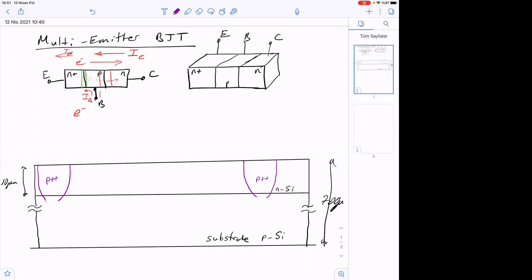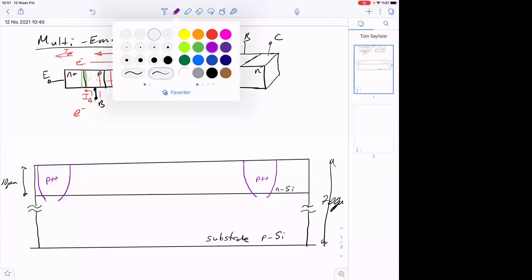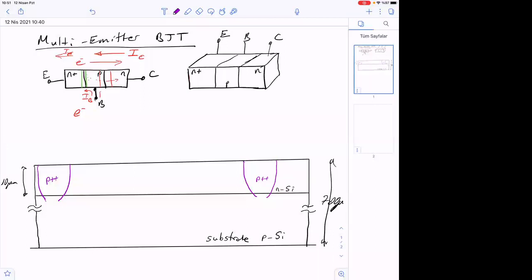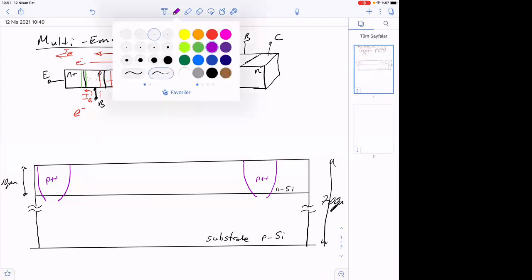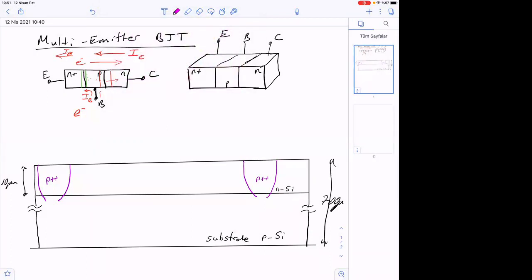And then we dope this region, let's say P+, maybe in a different color, maybe this one.